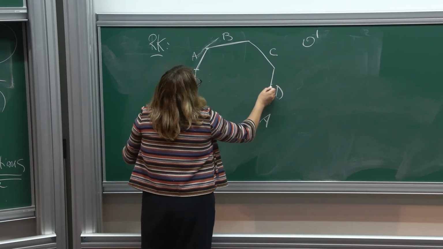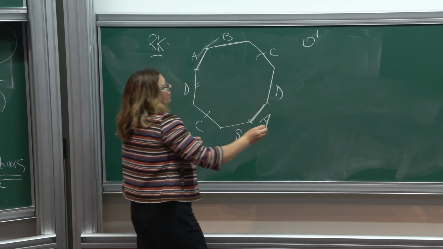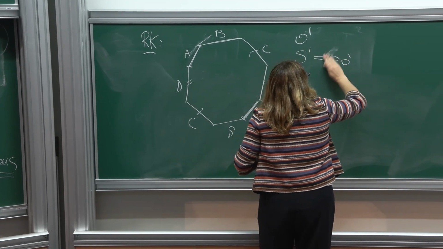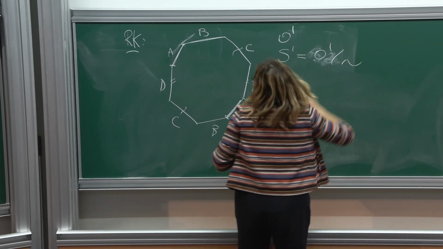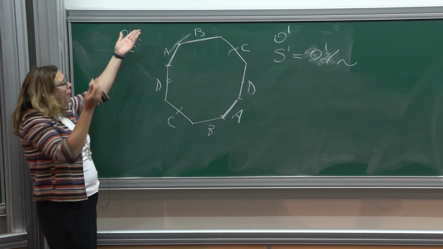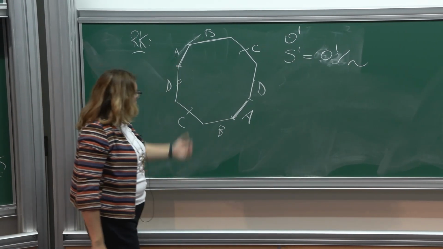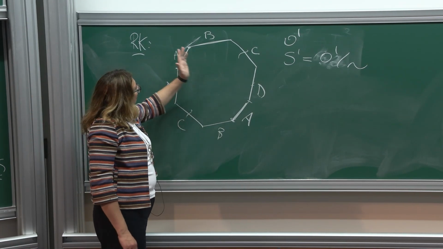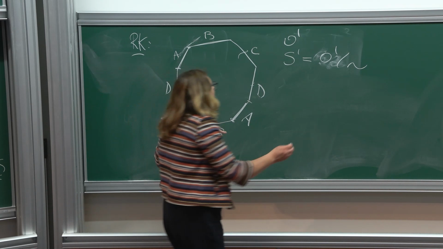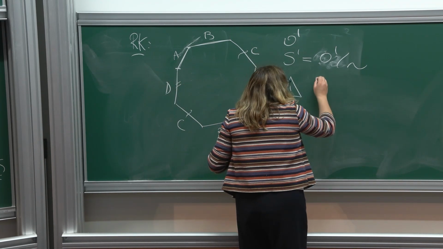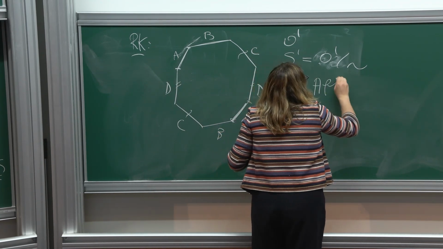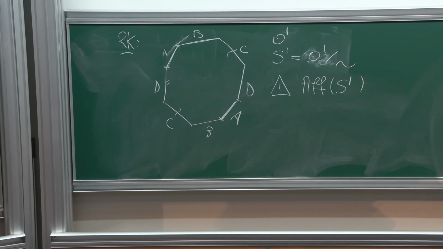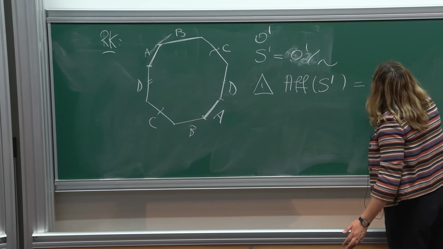And so I can glue by translation and get S prime, which is O prime modulo gluing. This is a typical translation surface of genus 2 with one saddle. Warning: in general, if I search for affine diffeos of this surface, there will be only the identity.